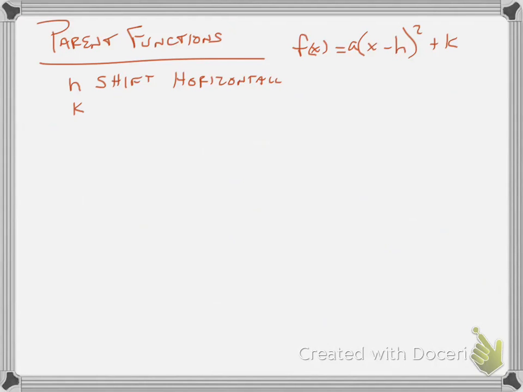I always told you it's inside with the x, it shifts in the x direction, horizontally. But remember, you use the opposite sign of what's there. The k shifts it vertically, and you don't use the opposite sign of that.